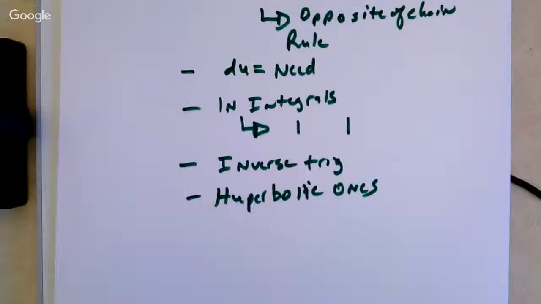Hyperbolics is revisited in chapter 9, because then we learn some really fun integrals that can be found via the definitions. What do we do with inverse trig? Just integral rules. That's what we did last time. Sine to the -1, arcsine, tangent to the -1, arctan. But that's really nitpicking and nothing that I want your brain to have to worry about.